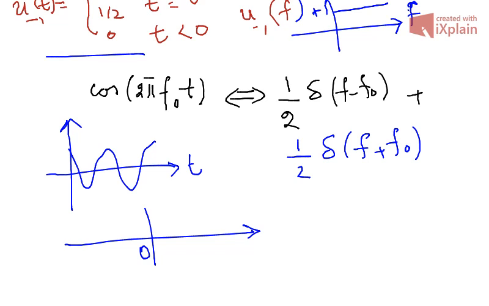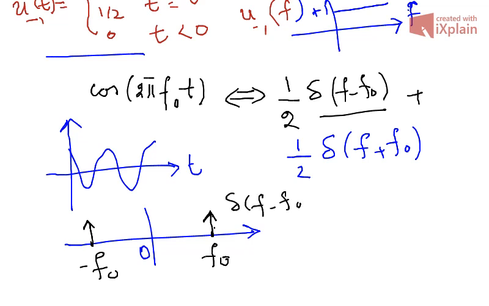One is located at f naught, so you have an impulse here at f naught, right? And we have another impulse here at minus f naught. So we have delta f minus f naught, delta f plus f naught. This is the frequency spectrum of your sinusoid or cosine wave. So we may use this spectrum as well.